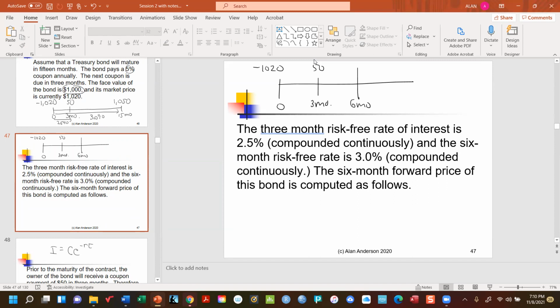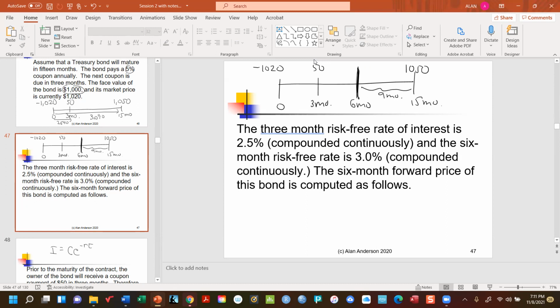So when you buy this bond with this contract, you're actually getting a bond that has 9 months left to the maturity date.